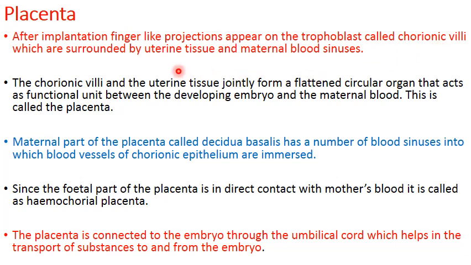They will be surrounded by the uterine tissue and the maternal blood sinuses, because there is a breakdown of the blood vessels, and these chorionic villi are literally floating in the mother's blood, from which they derive their nourishment, oxygen, etc. Both the chorionic villi and the uterine tissue jointly form a flattened circular organ.